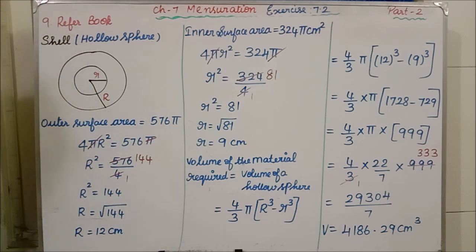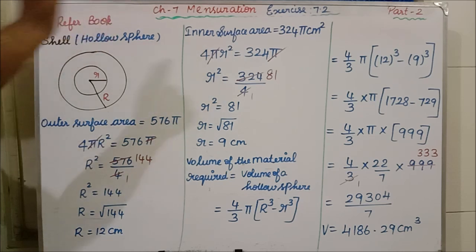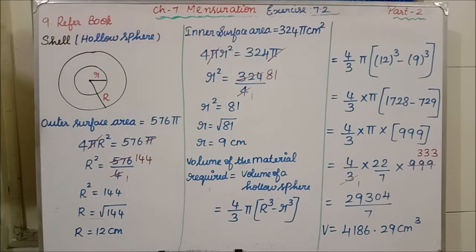After giving these two lines they were asking us to find the volume of the material, how much volume of the material is required to make the shell. Okay, we want to find the volume of the sphere at last.